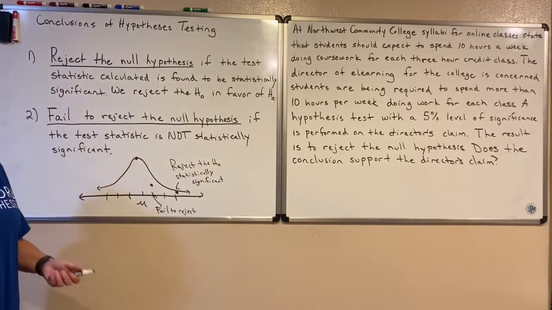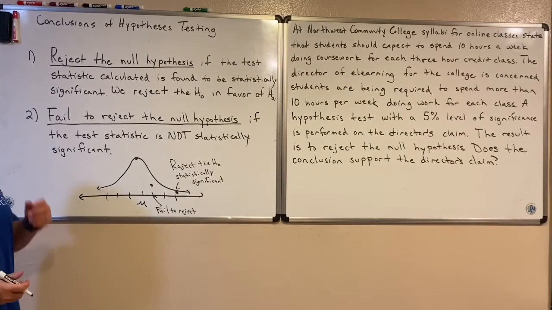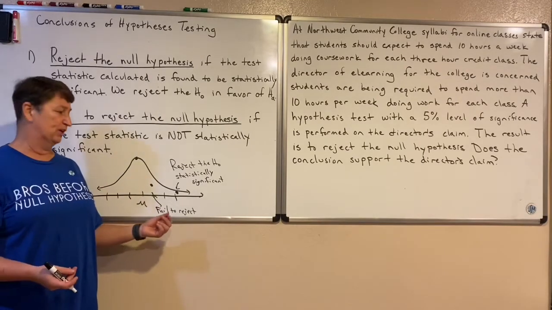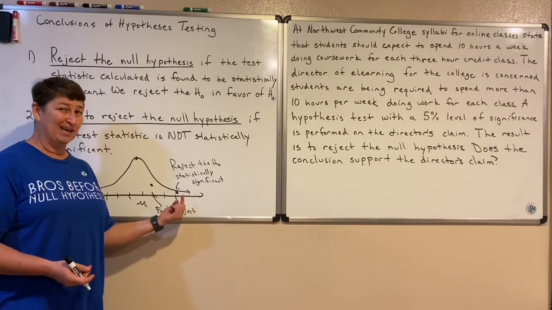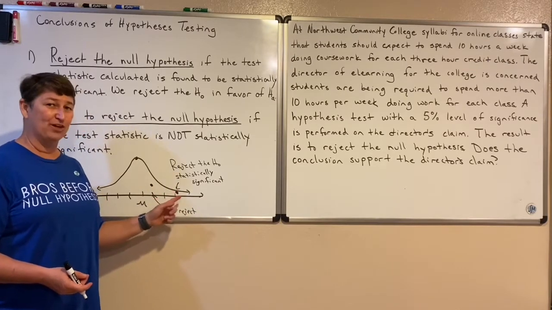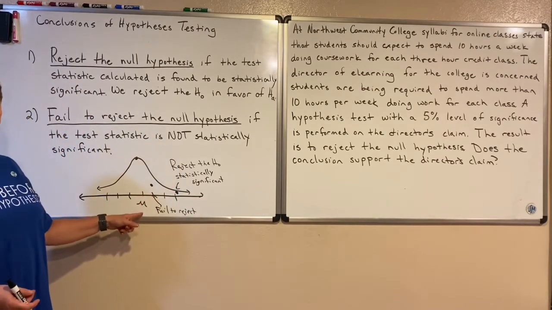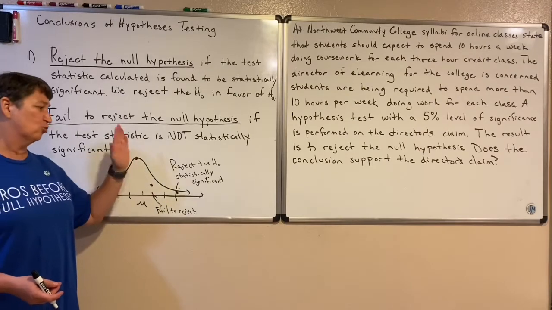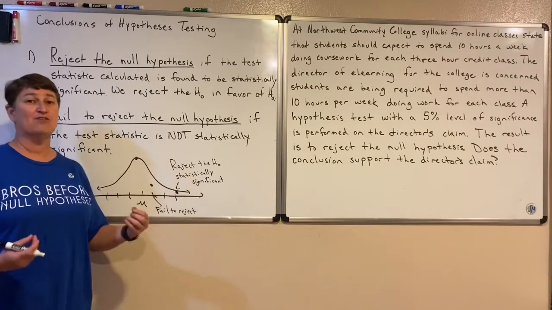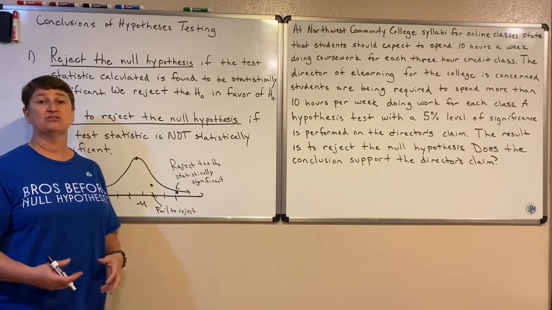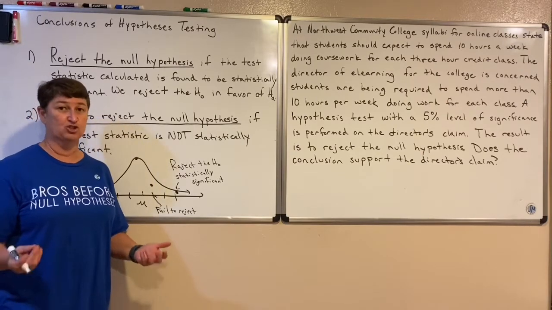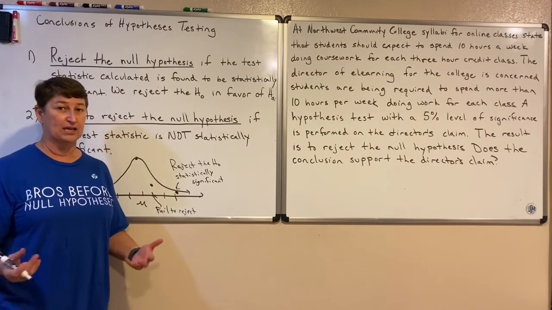Now we can make mistakes, and we'll look at that in a little bit. There are different errors we can make because it is possible to get something that far out there even when the mean is here. So we might reject the null even though we shouldn't, just like sometimes we put a defendant in jail when actually they're not guilty.